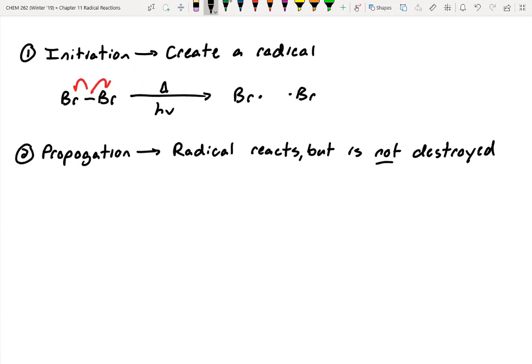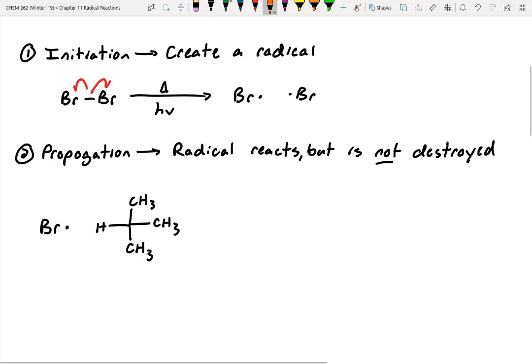So let's take a look at what happens once we have our bromine radical. We've got this bromine radical and our starting compound, which we said looks like this. We said that this hydrogen coming off that central carbon is most likely to be abstracted. So now we can show the hydrogen abstraction, where we're going to rip off one of the electrons from that covalent bond.